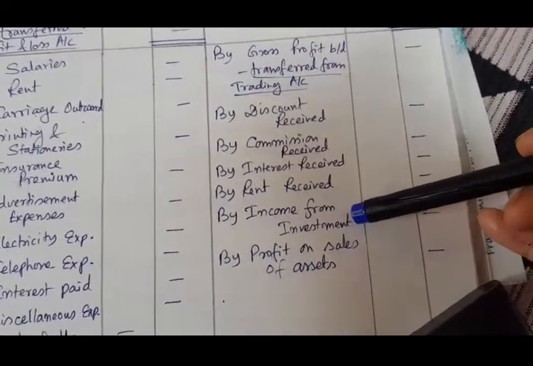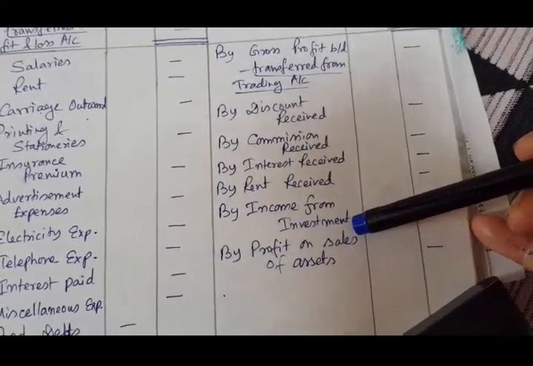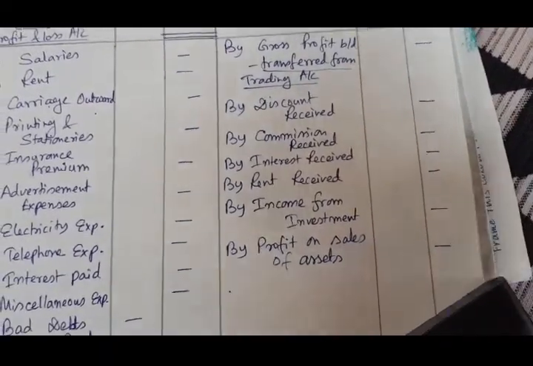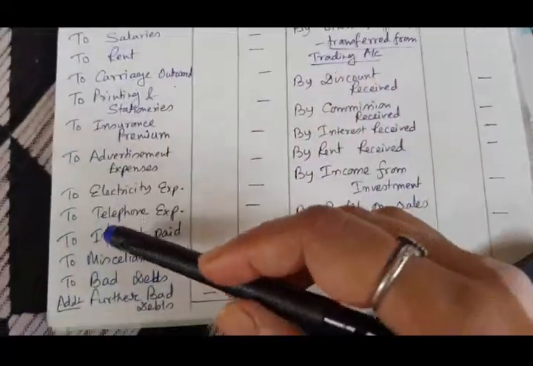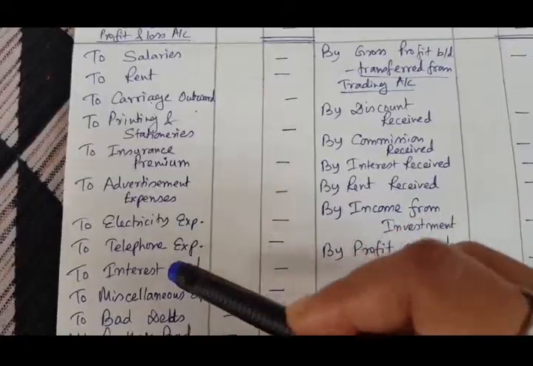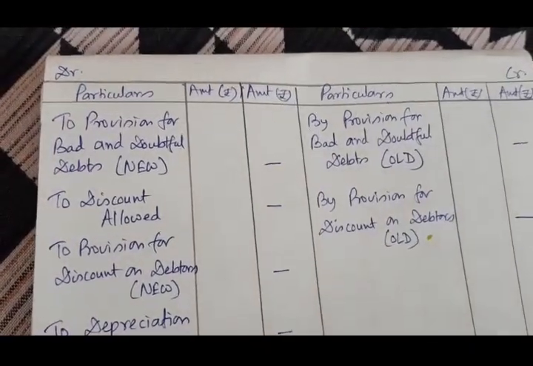Income from investment, where we have done an investment from which we have earned income, will come here. Then profit on sale of asset will come here. If there is loss on sale of asset, obviously it will come to the loss side, meaning the indirect expense side.